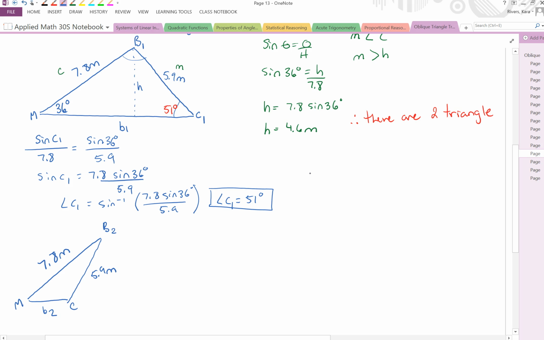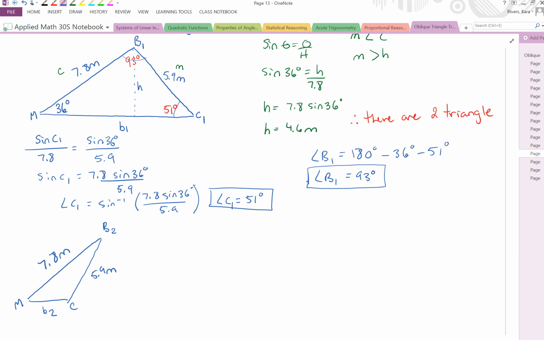Getting angle B1, I would do 180 degrees minus 36 degrees minus 51 degrees. Doing that math, we end up with 93 degrees. And now finally solving that distance between Martina and Carl, I would do sine law again, so I would have B1 over sine of 93 degrees and 5.9 over sine of 36 degrees.